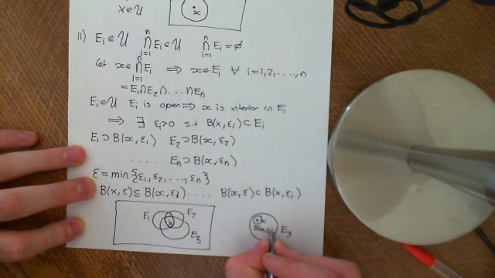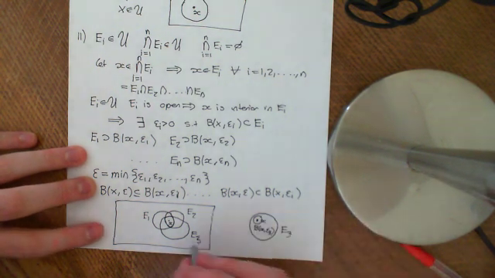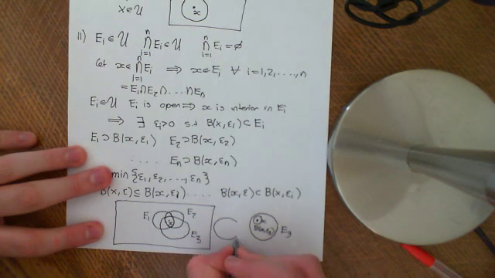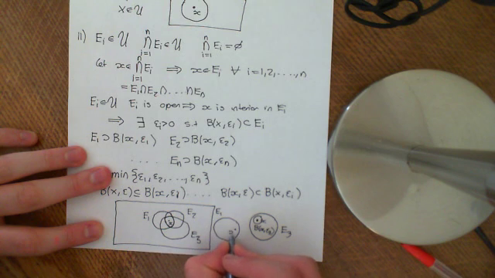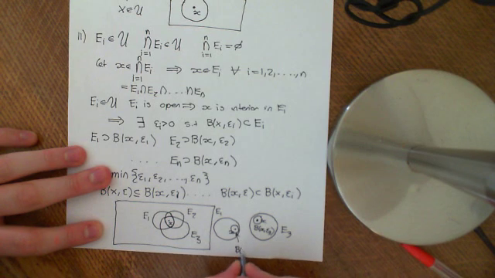Similarly, for E1, if we draw E1 separated over here, here's the point x, and there must have been a ball of some radius epsilon 1 around that point, which is completely contained in E1.